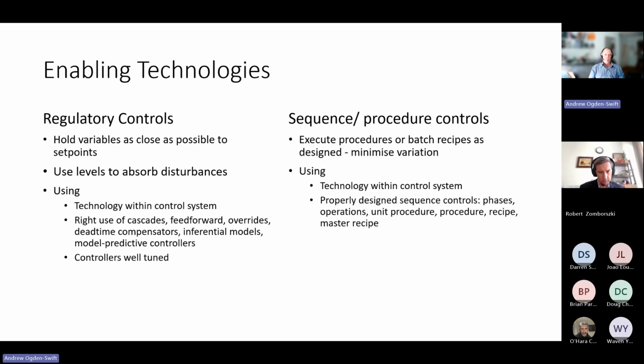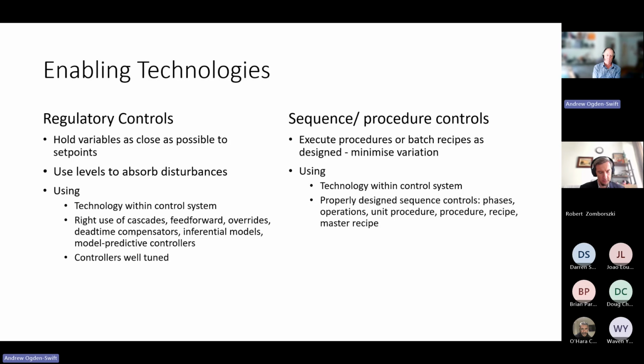And of course, these are all enabled by good regulatory controls and sequence and procedural controls. So in the case of regulatory controls, typically these are PID controls, which hold flows, temperatures, pressures, possibly qualities as close as possible to set point.